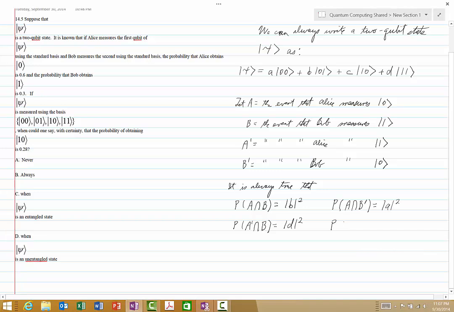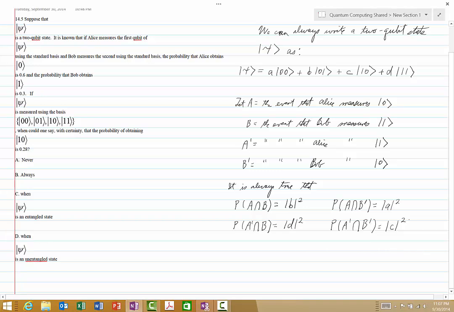And finally, the probability of A prime and B prime, which is the probability that Alice measures 1 and Bob measures 0, is the magnitude of C squared.